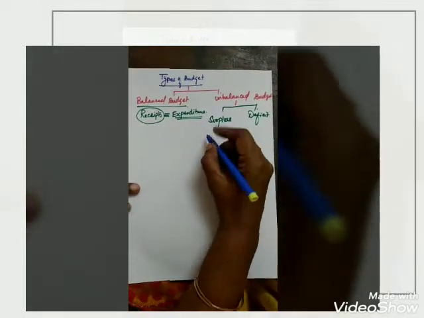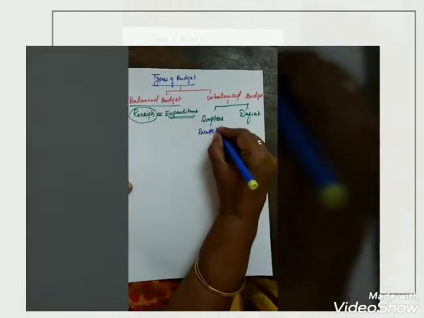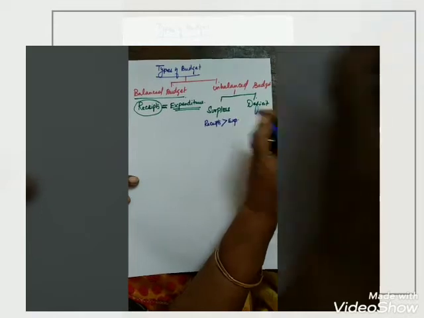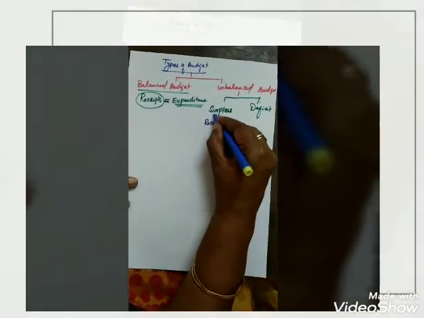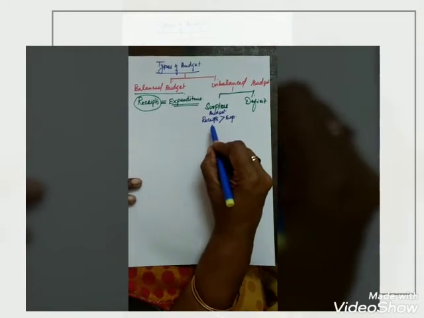Which ones come under the unbalanced budget? Surplus. In the surplus, the receipts of the government are greater than the expenditure. This is called the surplus budget. What is called a deficit? A deficit is when the expenditure of the government is greater than the receipts, the income of the government.